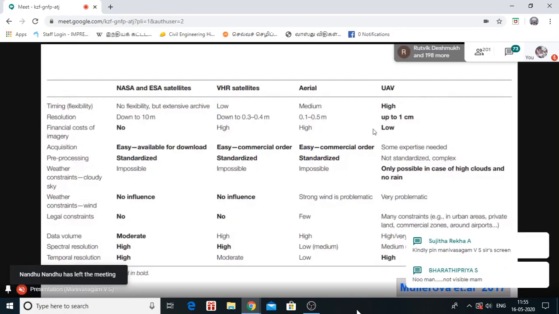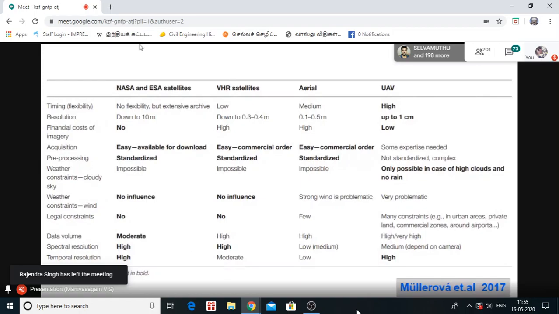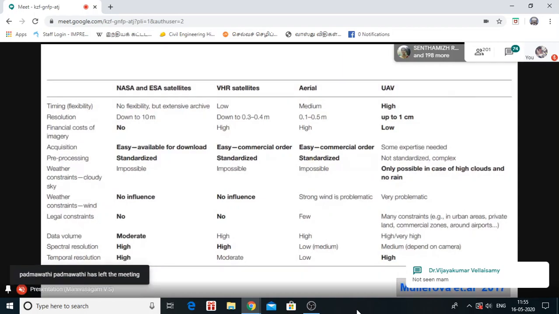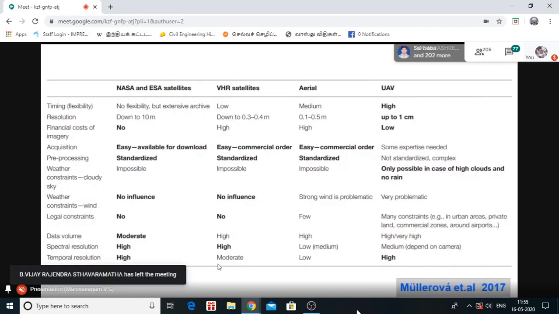But again the problem comes with cost effectiveness. The Earth observation satellite is free of cost. You can download it, and all the processing of images is standardized. But for a UAV, you need specialized engineers to operate the drones and capture the images, and the cost of the sensors deployed in the drones will be very heavy.